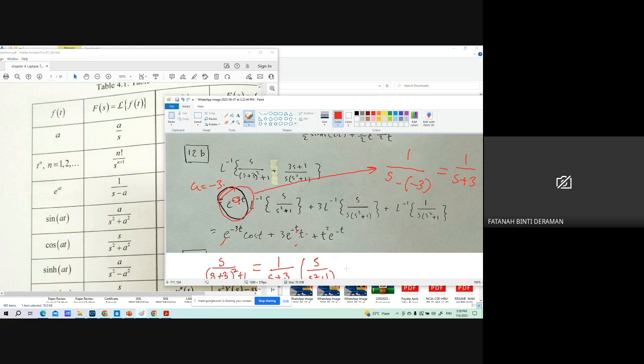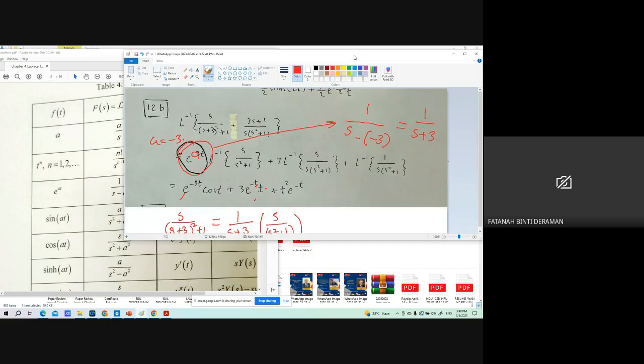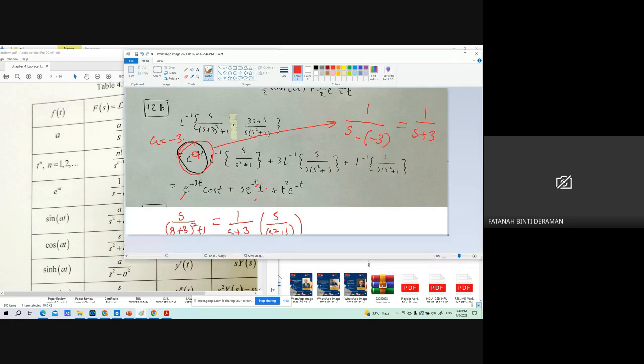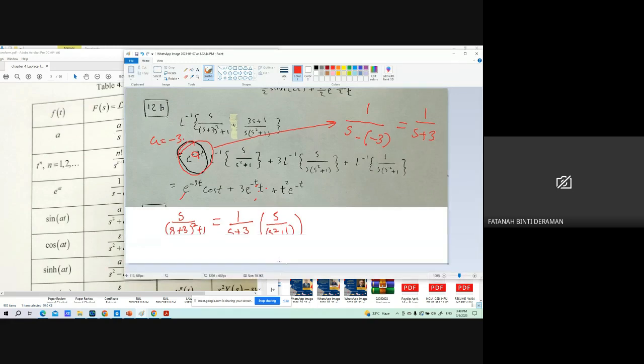Is it similar? If similar, okay. But if not similar, we cannot use that table for the exponential. We need to choose another table. We can see that it is not similar. If you multiply here, you didn't get this, right?